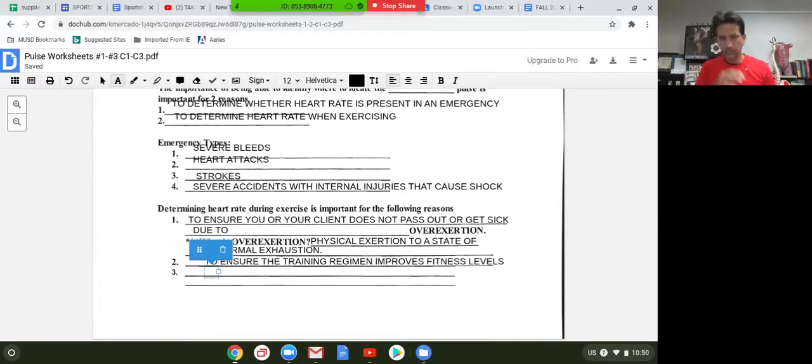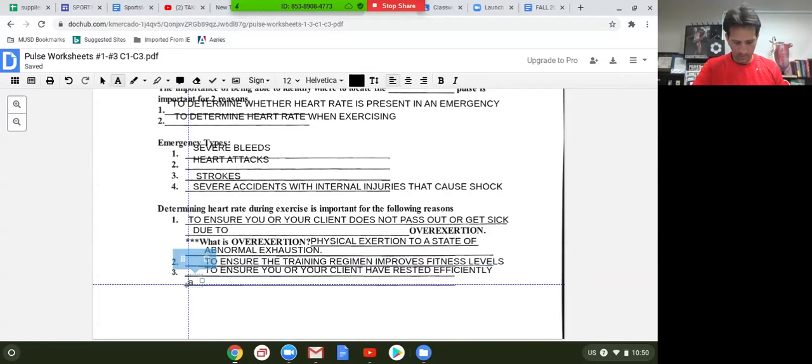Okay, so 3, to ensure you or your client have rested efficiently after one run, for example, to be able to put out maximal effort on the next run while preventing overexertion.